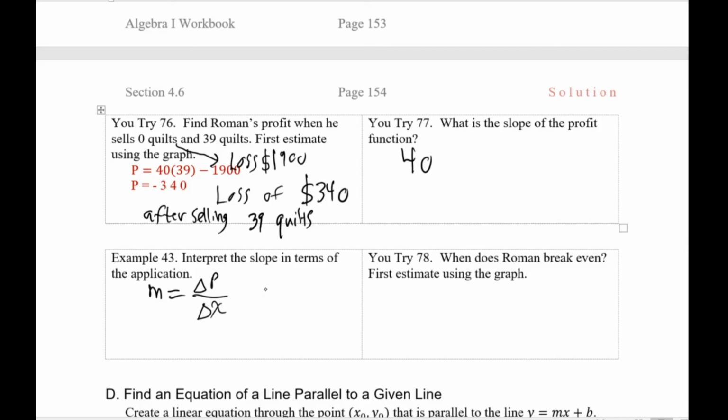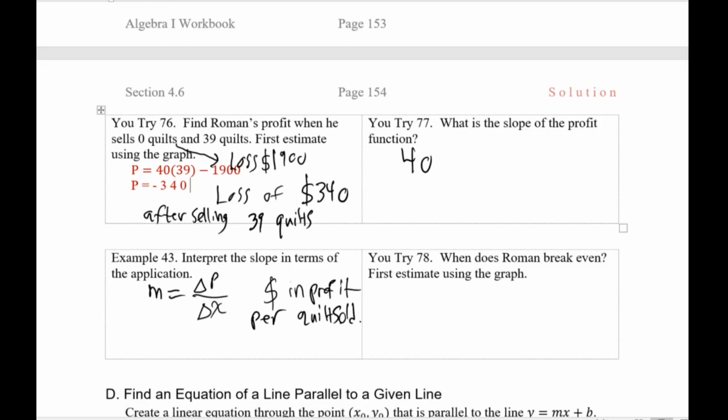So the slope here is dollars in profit per quilt sold.